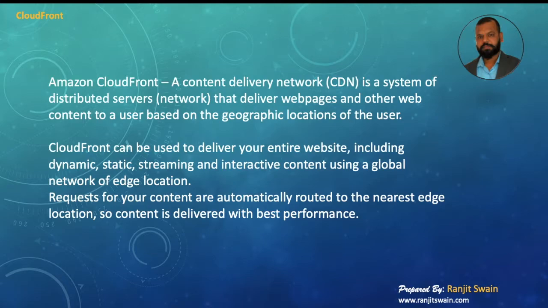CloudFront can be used to deliver your entire website, including dynamic, static, streaming, and interactive content using a global network of edge locations. Requests for your content are automatically routed to the nearest edge location, so content is delivered with best performance.